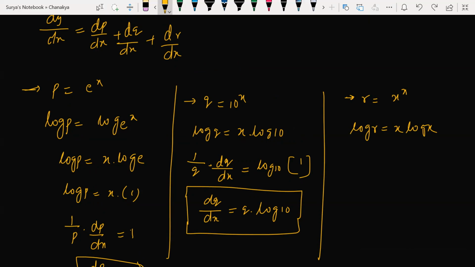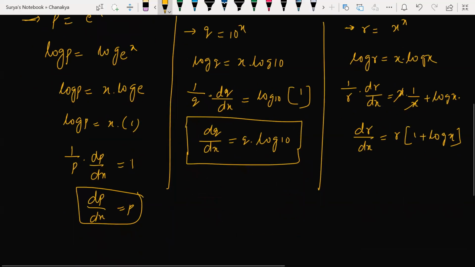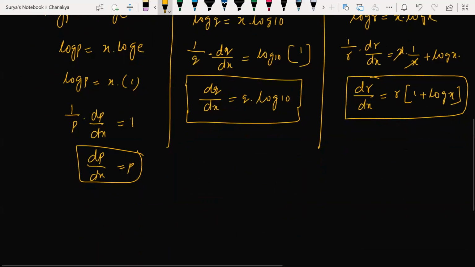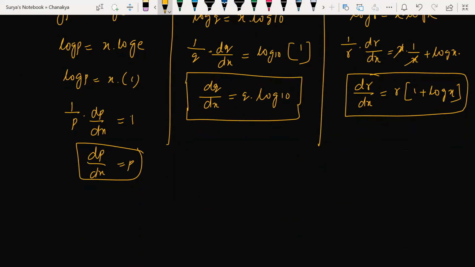Look at this here. x is a different function, log x is a different function. 1 by r into dr by dx, using u v dash plus v u dash. So this will get cancelled. dr by dx is equal to r into 1 plus log x. So this is what dr by dx is.